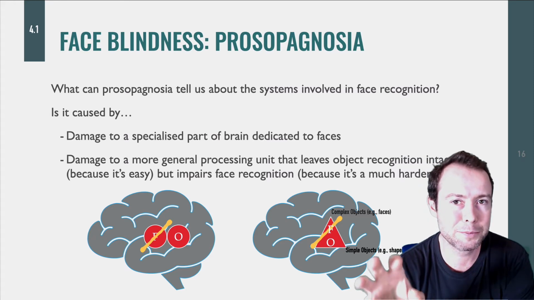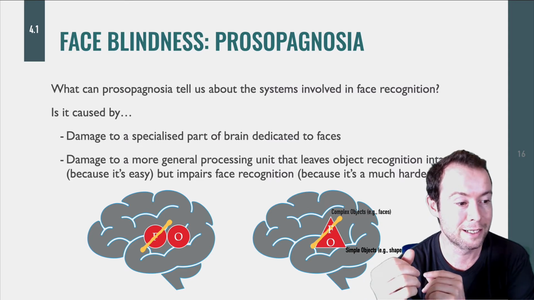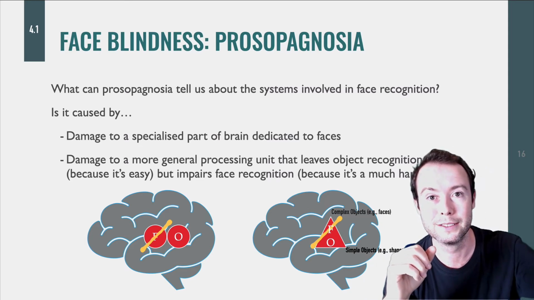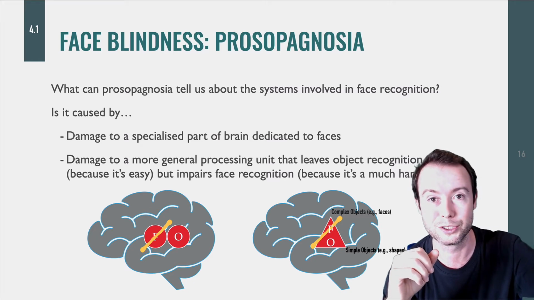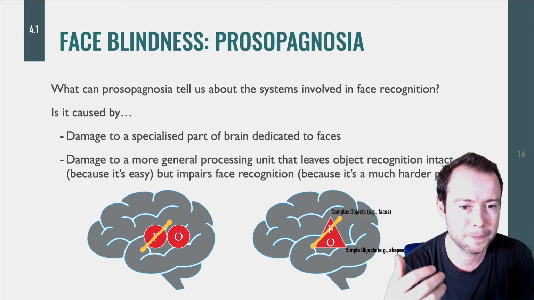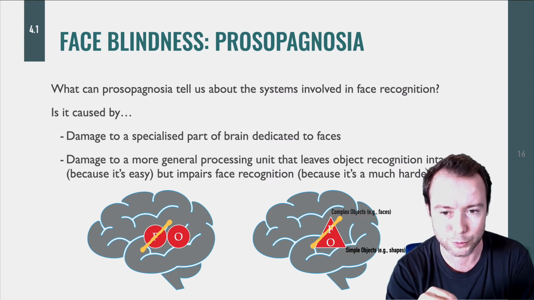If you could find such a patient, this would be pretty convincing evidence against the image on the right-hand side, against the idea that object and face recognition are the same and face processing is just a more complex version.